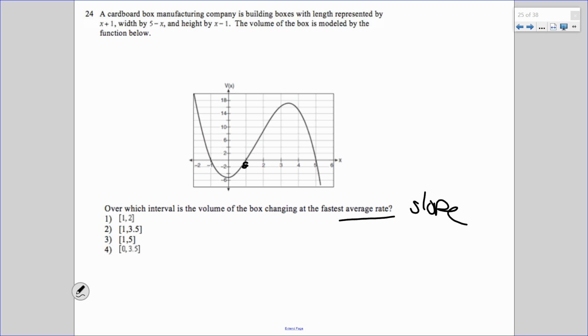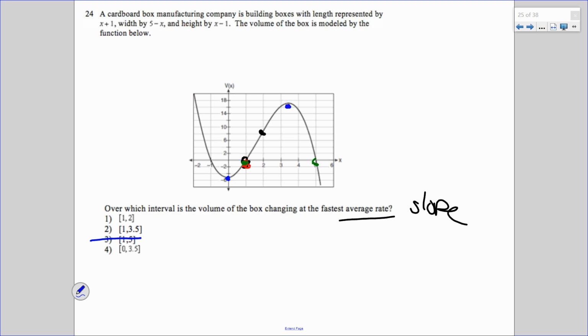Is it 1 to 2? Is it 1 to 3.5? Is it 1 to 5? Or is it 0 to 3.5? Well, definitely not the last one, because the average rate of change there is 0. Could you go through each of these to find the average rate of change?